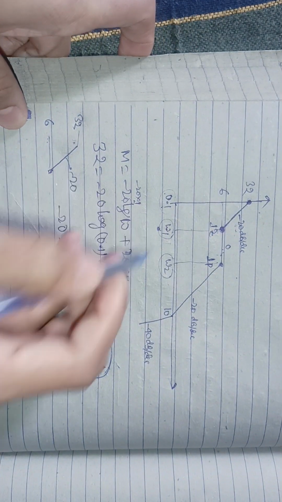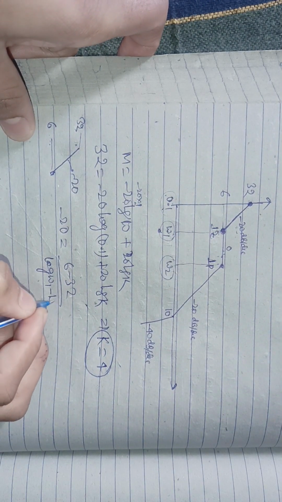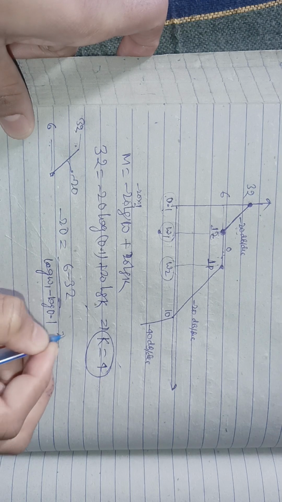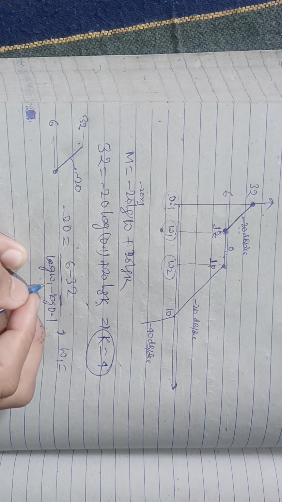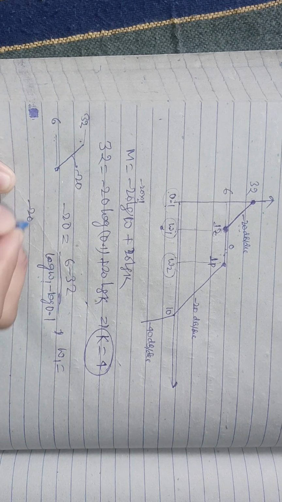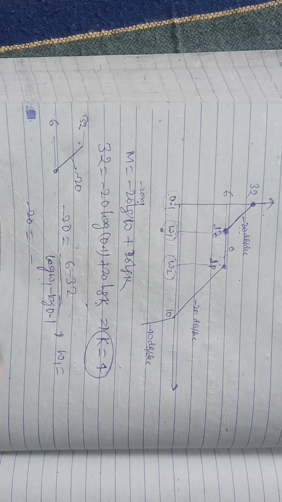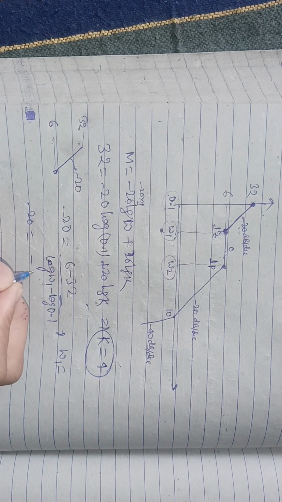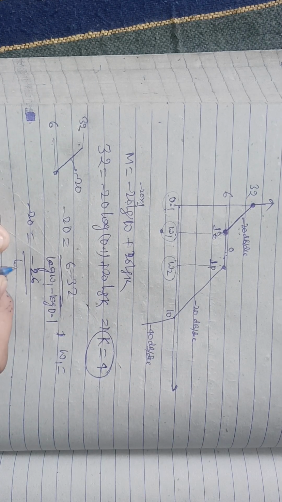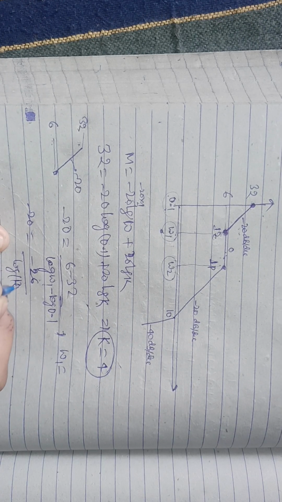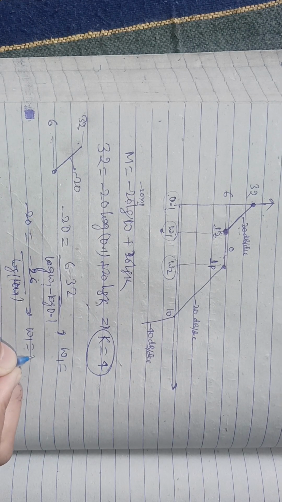By solving this we get minus 26 divided by log of 10 omega 1. Just solve here and we will get omega 1 equal to 2.